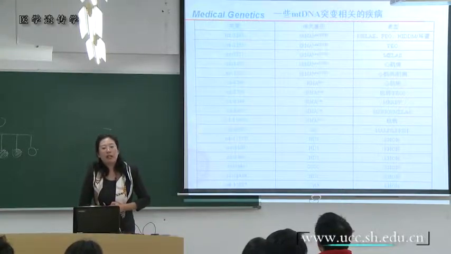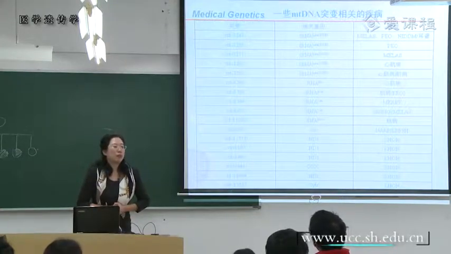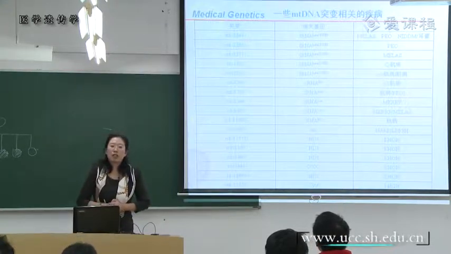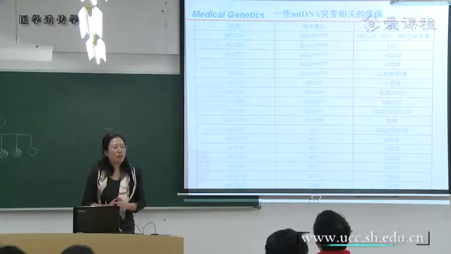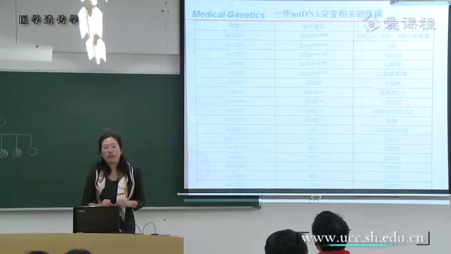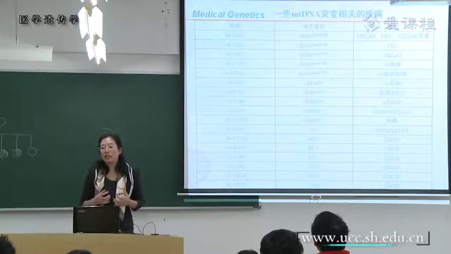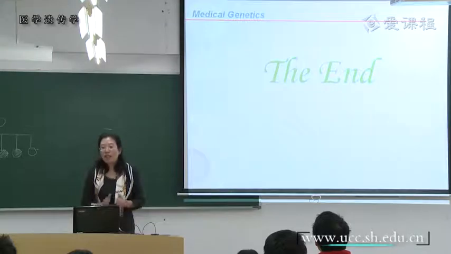When mtDNA mutation happens, the mutant gene produces abnormal mitochondrial protein, and mitochondria cannot produce energy normally. Without energy, which kind of organ or tissue suffers much more? Just muscle and heart, because these organs and tissues need more energy. Okay, it's the end of today's class.